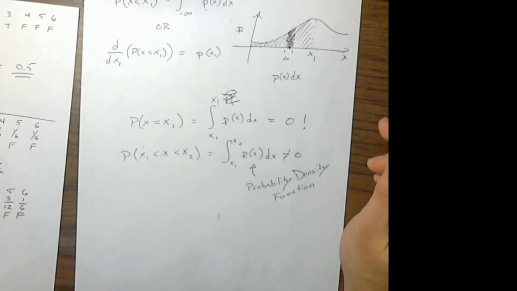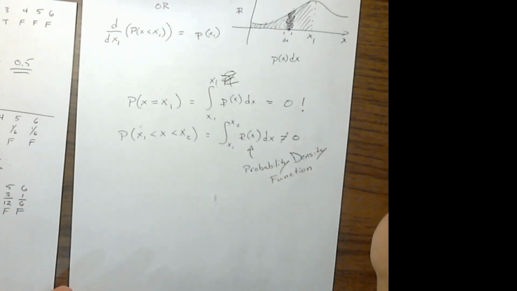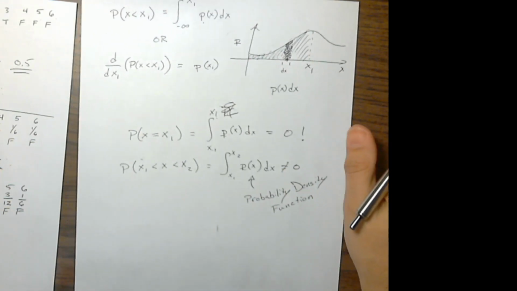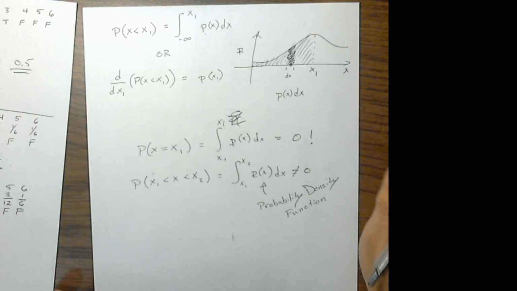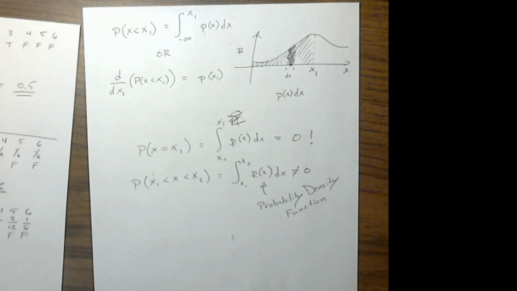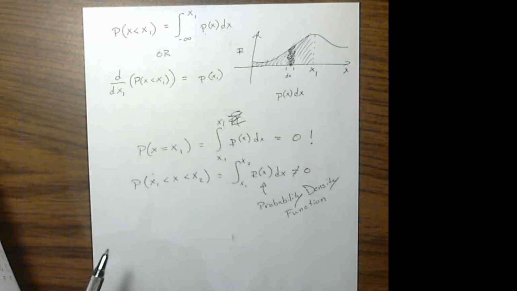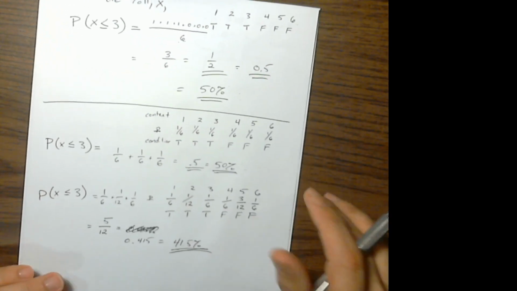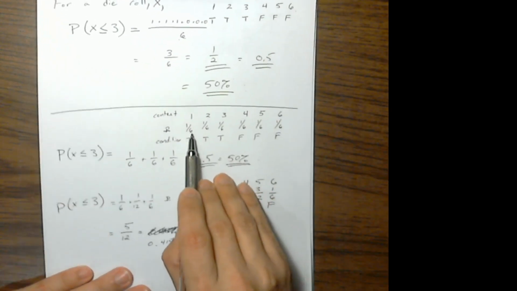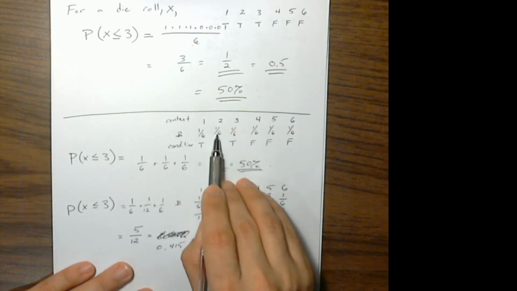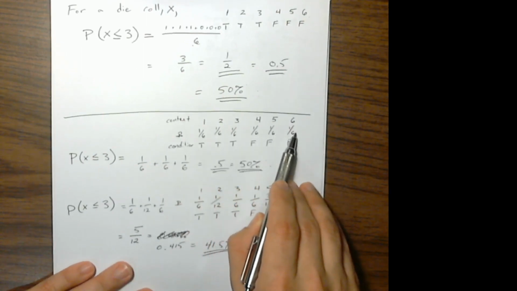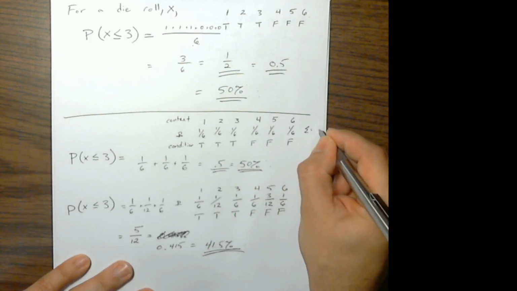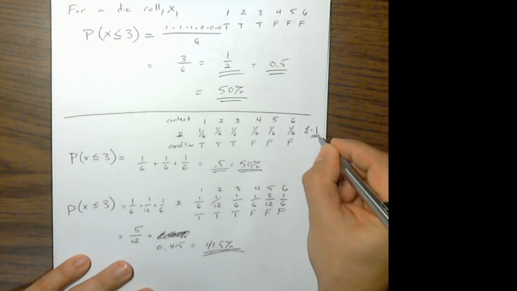Now, there are a couple of restrictions we need to put on probability density functions. Those restrictions, believe it or not, we've been obeying, we just haven't lent language to it yet. If I go back to the discrete case, notice that if I sum up all of my probabilities, I get 1.